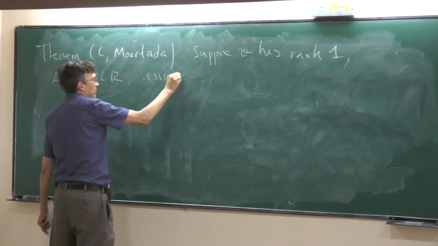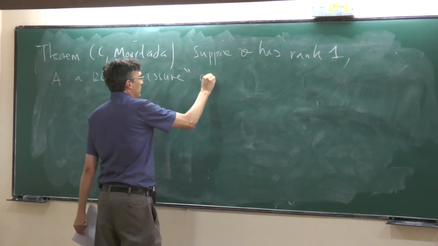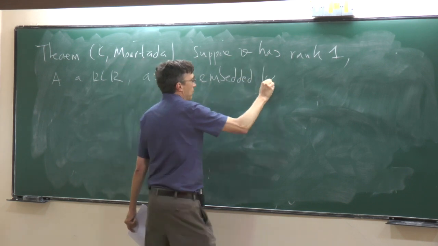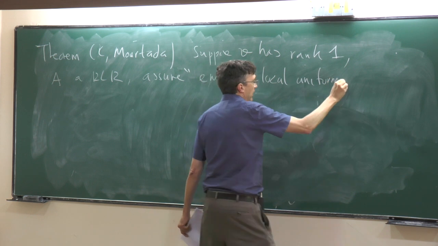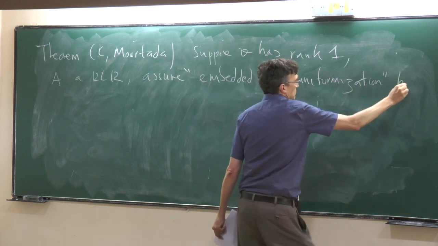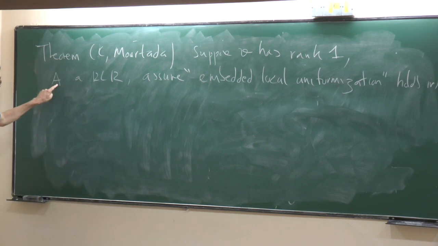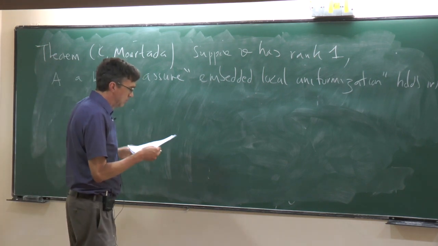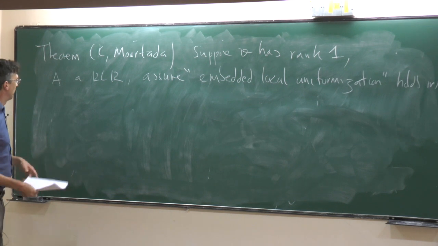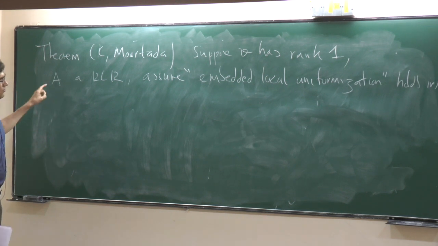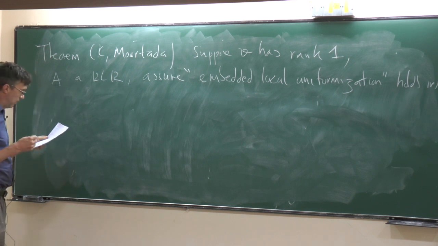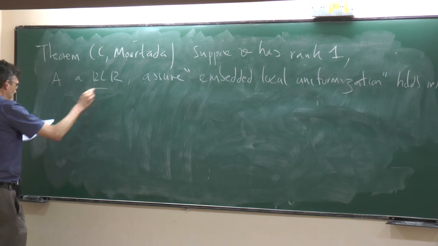Also one assumes that you have some kind of induction statement on dimension, something called embedded local uniformization, holds in A. In other words, if you have some f in A, you can blow up regular primes in A to make the strict transform of f, in fact make f itself, be a unit times the system of parameters. That statement will follow if you can prove local uniformization, at least in a strong enough form in that dimension. So this is a kind of proper induction statement.